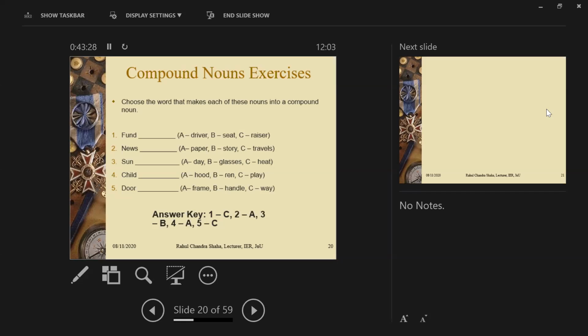In our next classes, you are requested to prepare yourself better, so that I can take an exam of 15 marks combining the two classes. We will take 15 minutes with Google Forms, and I will give the link to all of you at the beginning of the next class.